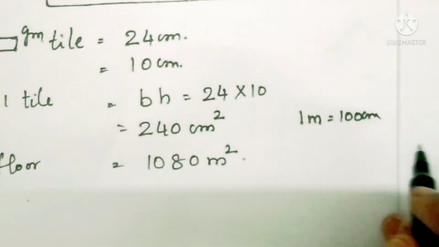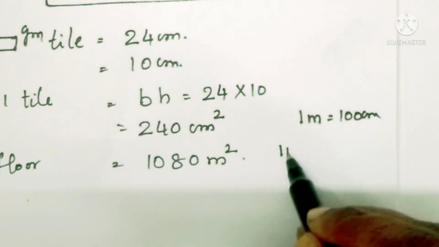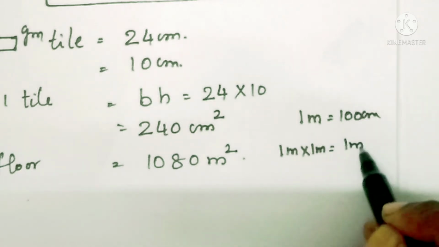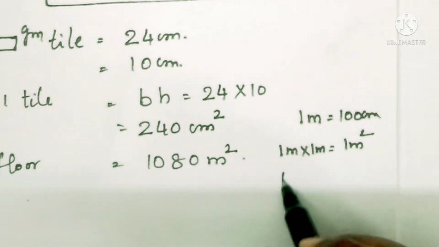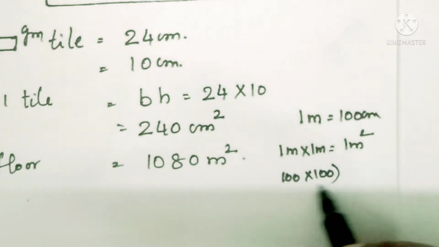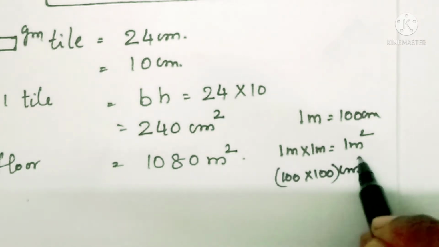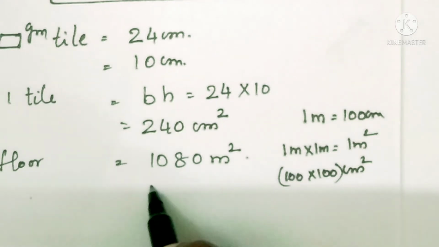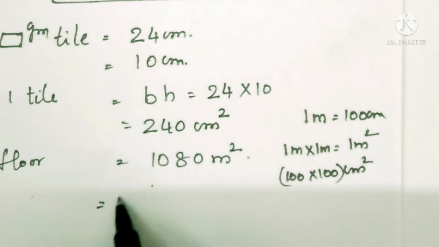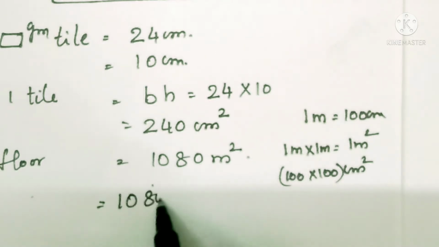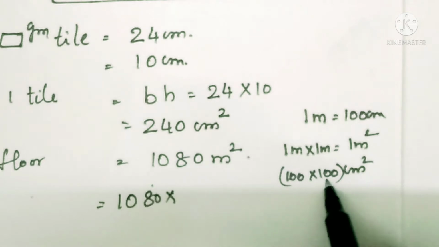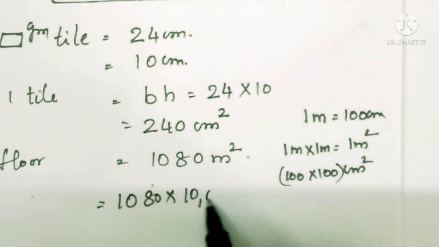So 1 meter into 1 meter is 1 meter square, that is 100 centimeter into 100 centimeter. So first you have to convert it into centimeter square. How will you do it? 1080 into 100 into 100, that is 10,000.